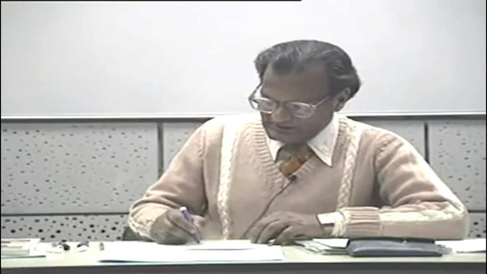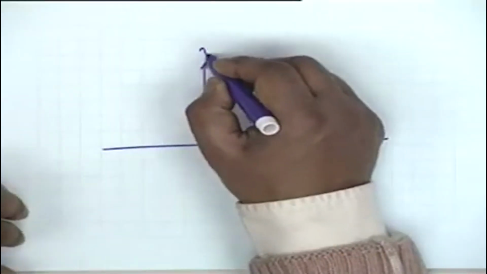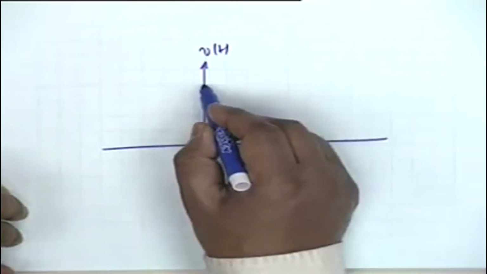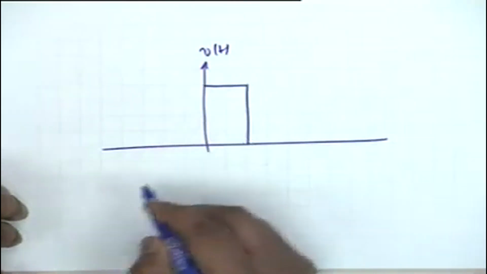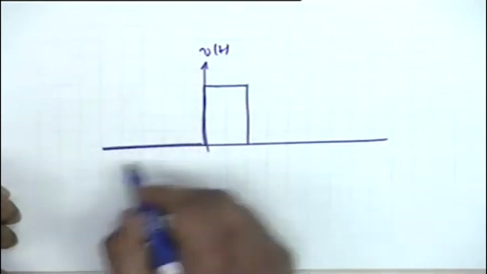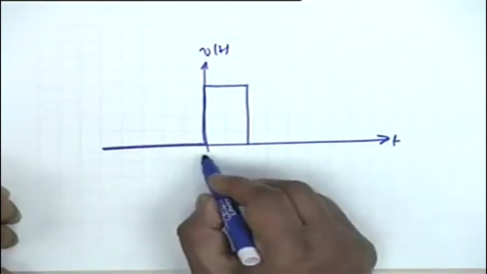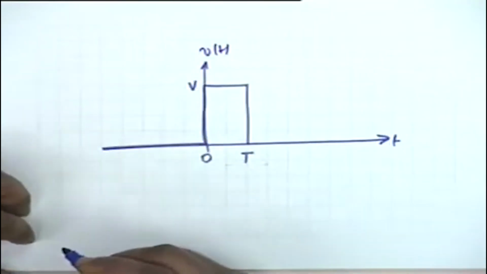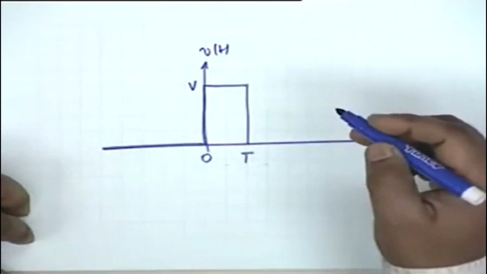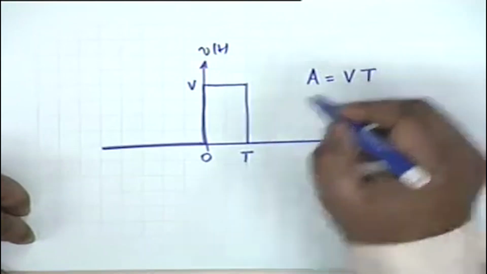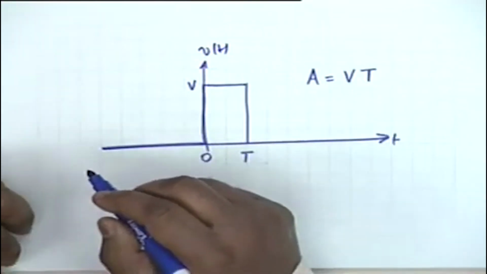Okay. Suppose I have a voltage V of t which is a pulse like this. It's 0 for t less than 0, this is t, 0 to capital T, and let us say this height is capital V. The area under the pulse is equal to capital V times capital T. Alright.